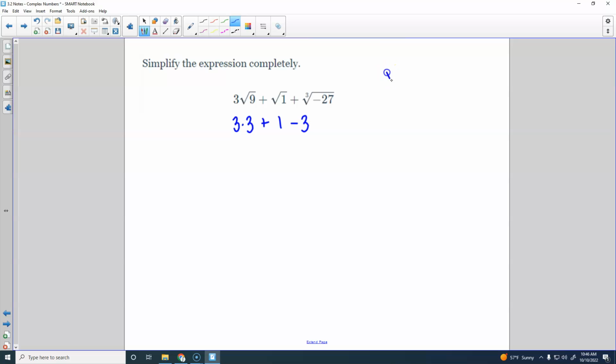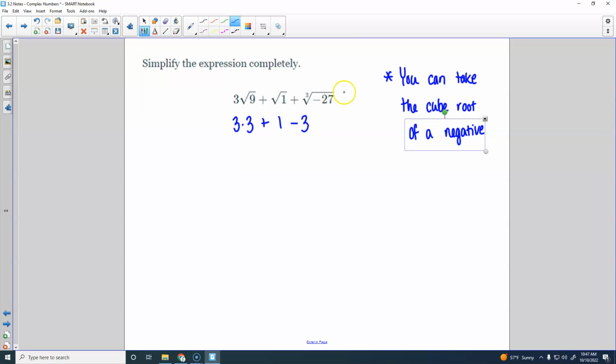You can put yourself a little note here: you can take the cube root of a negative. So you should never have an i if you have a cube root, or fifth root, or seventh root, or ninth root, any odd root there.